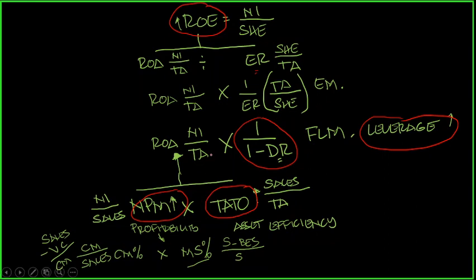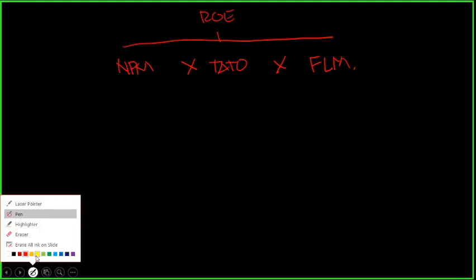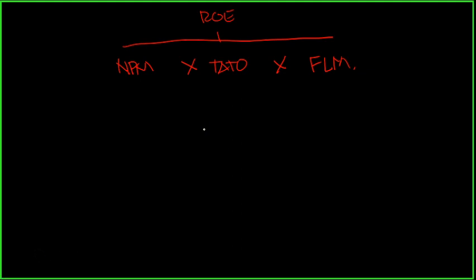Okay, po. Now, if you try to put that together, we can now say another way to compute or another way to understand your return on equity is you have your net profit margin times your total asset turnover times your financial leverage multiplier. Okay, or you can have another approach, which is my favorite. Your return on equity is actually divided into two basic components.